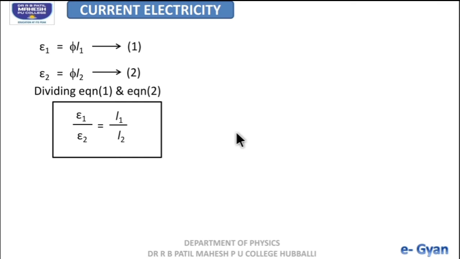Let me give one example for this. If L1 is equal to 1 meter and L2 is equal to 2 meter, then EMF E1 is half of E2, or E2 is 2 times E1. Like this we can compare the EMF of two cells.